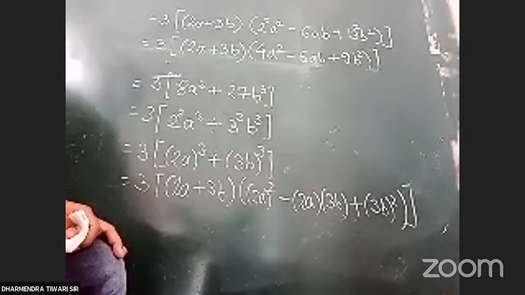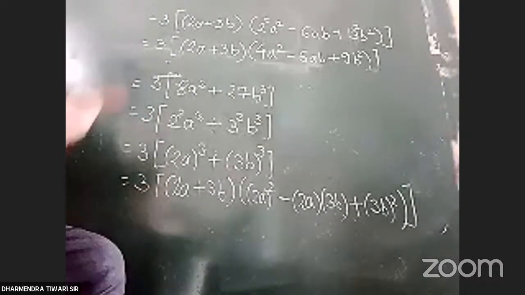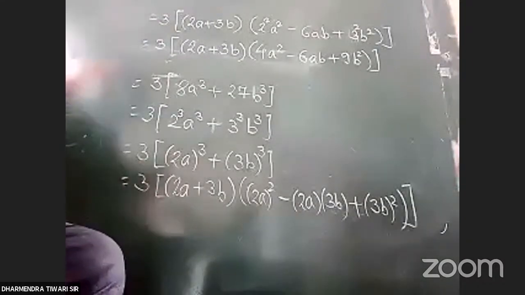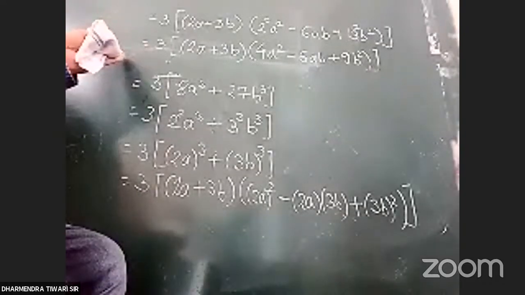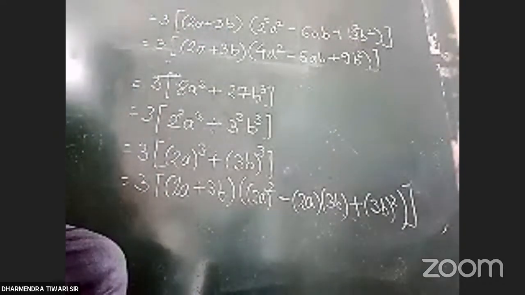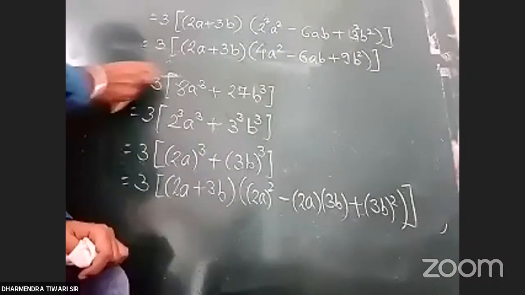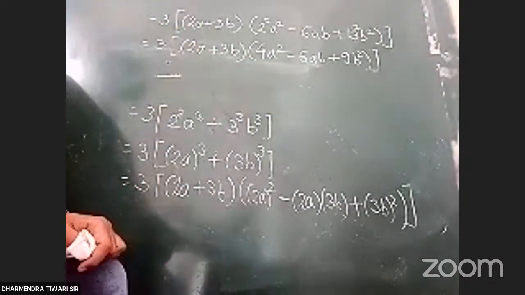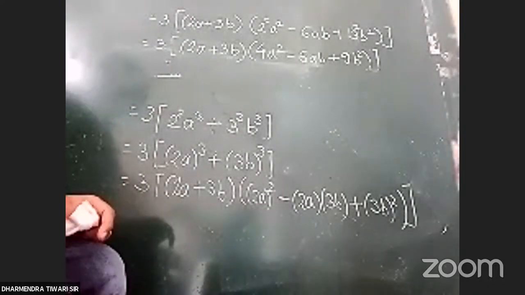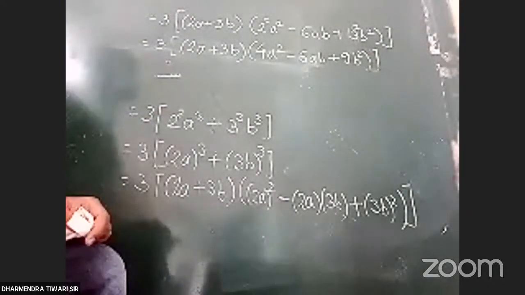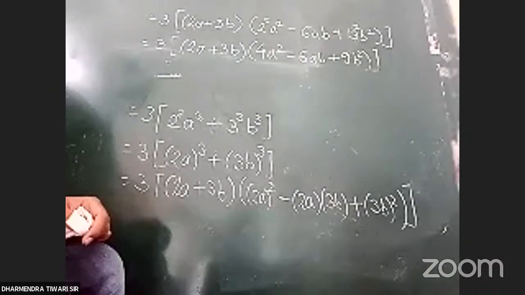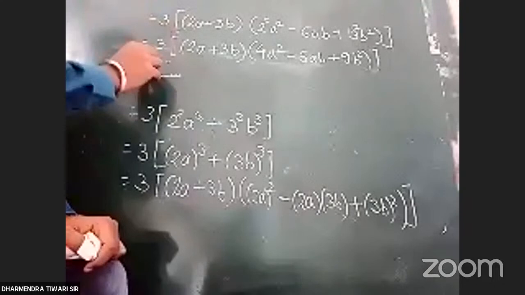Okay, so let's move to the next problem. Hope you have understood the step. If you're asking, sir, can we write this 3 together with this term without the bracket? Yes, you can write, because you know that A into B into C can be written as ABC or BAC or BCA. They are almost the same.